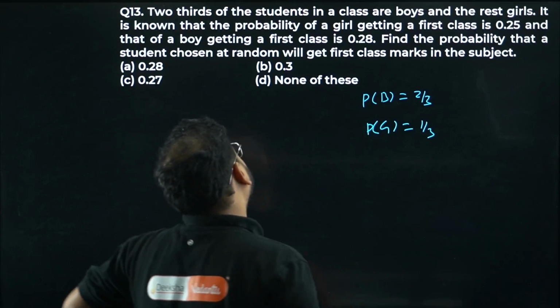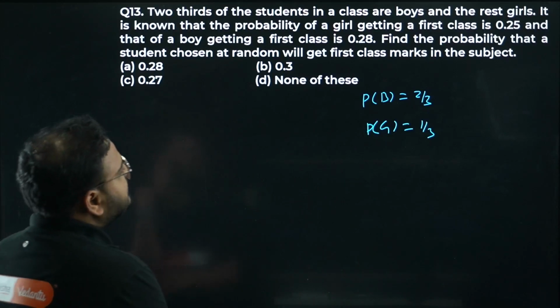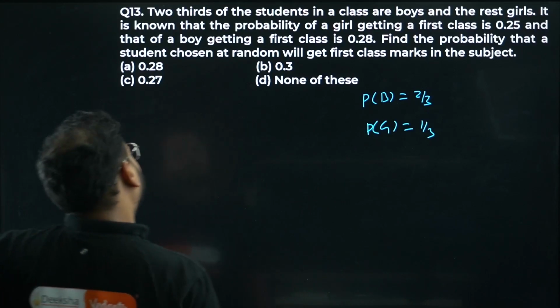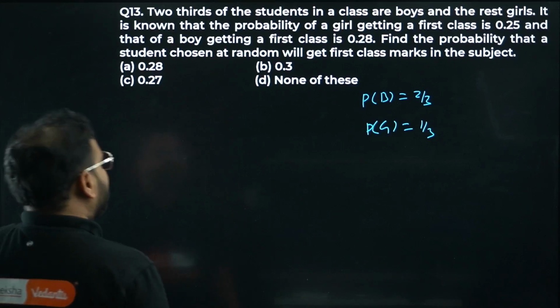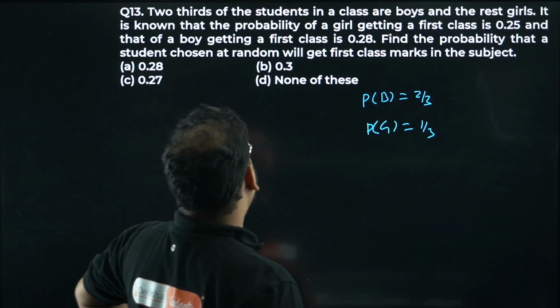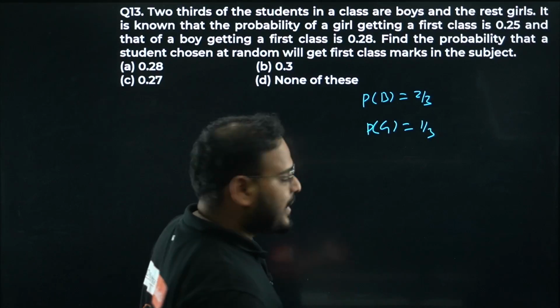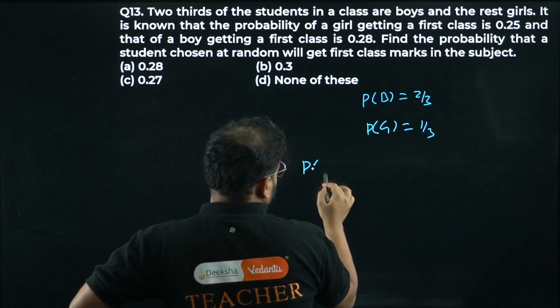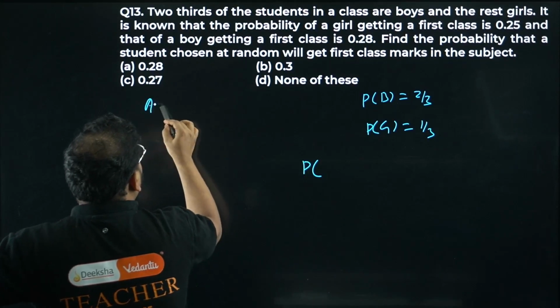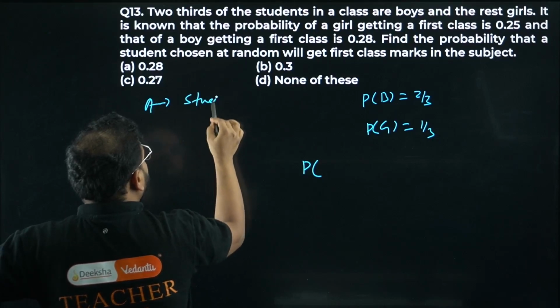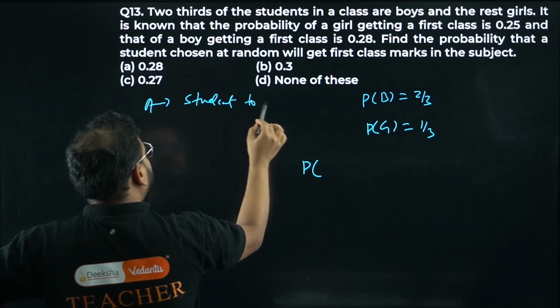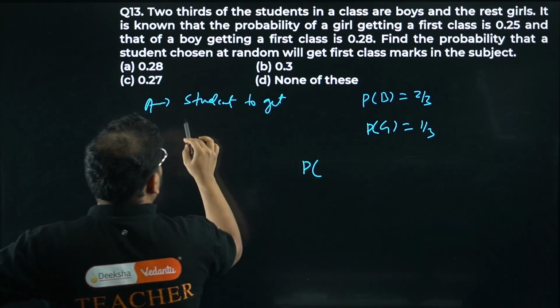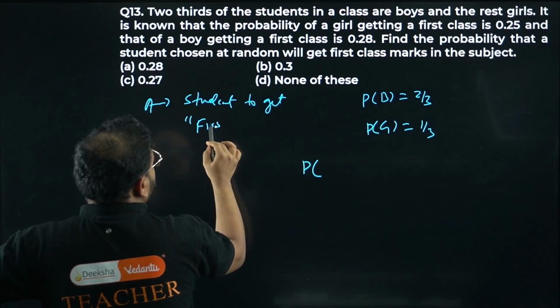It is known that the probability of a girl getting a first class is 0.25 or 1/4, and that a boy getting a first class is 0.28. Find the probability that a student chosen at random gets first class marks.